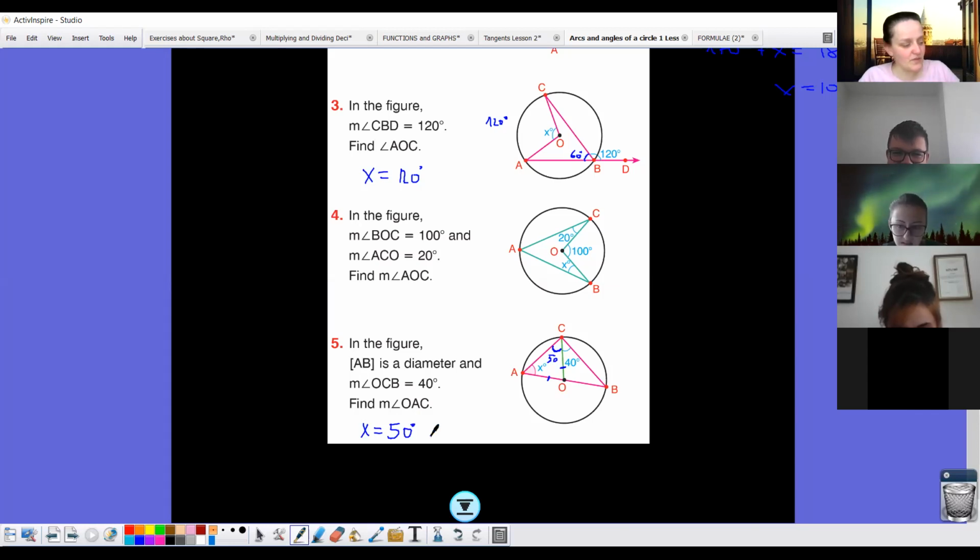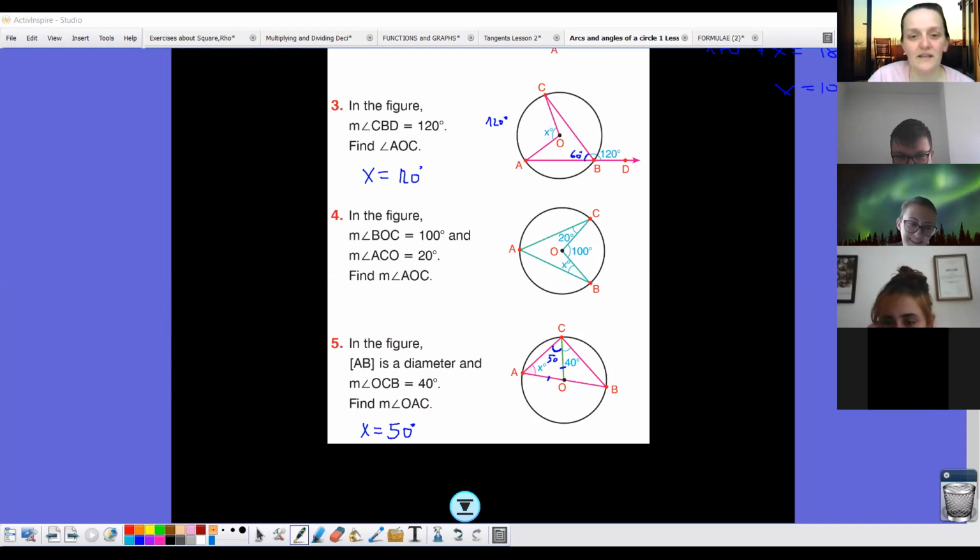Okay, did we understand? No, teacher. Which part you didn't understand, Alexander? How you find 50? What we said maybe 10 minutes ago, if you're drawing an inscribed angle in a semicircle, we said it will be 90 degrees.